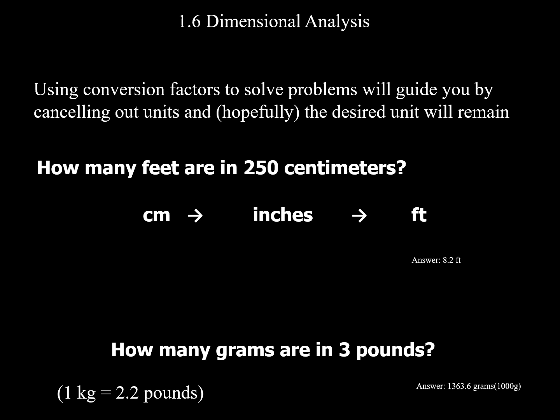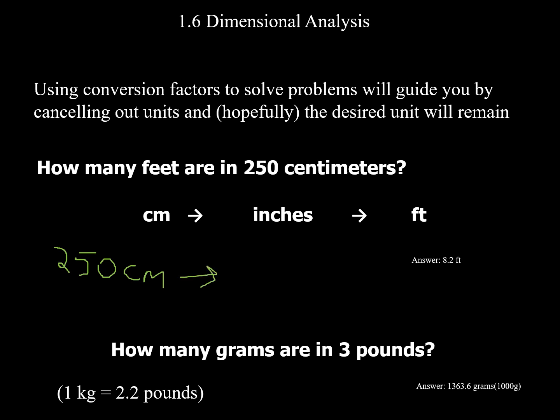A dimensional analysis question where you're using multiple steps to get to your answer. The question is, how many feet are in 250 centimeters? So you would write out 250 centimeters. You would convert that to inches first.